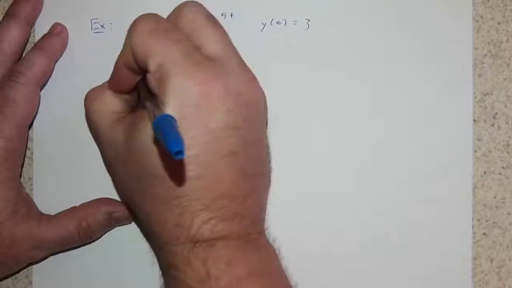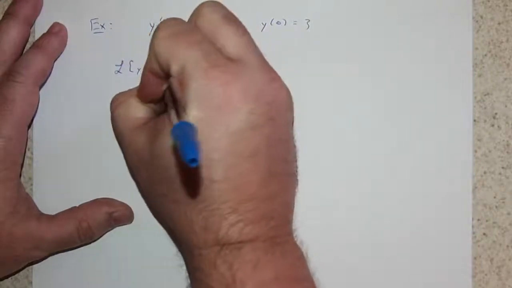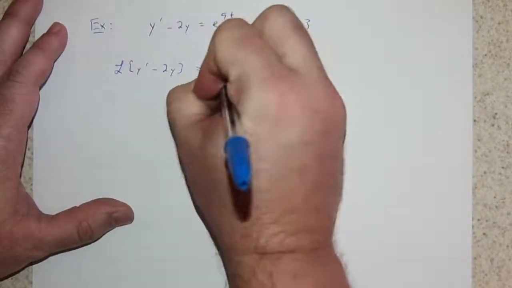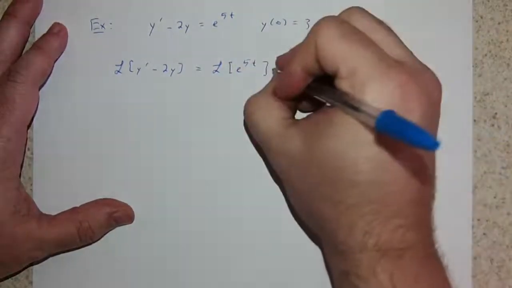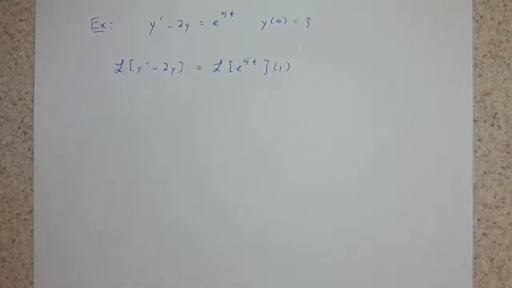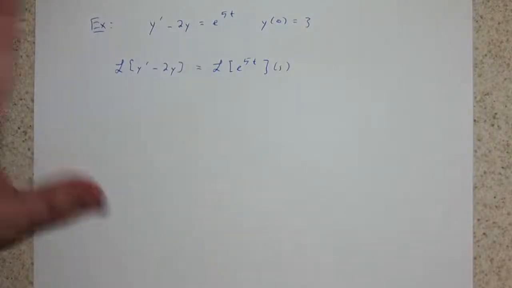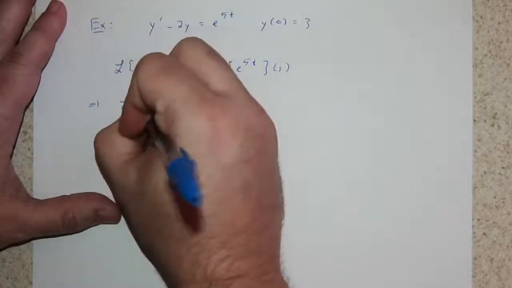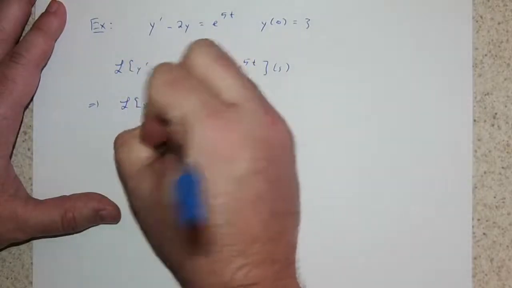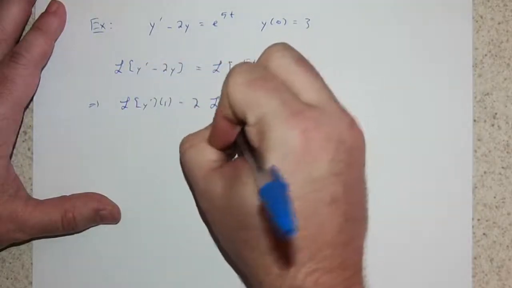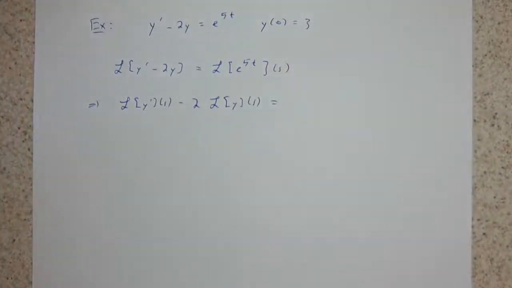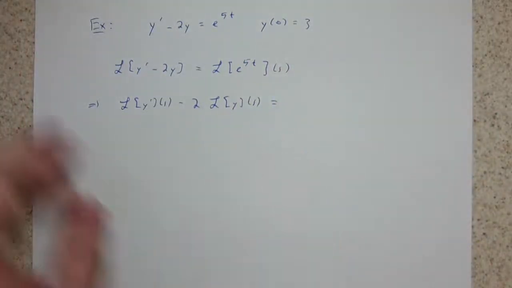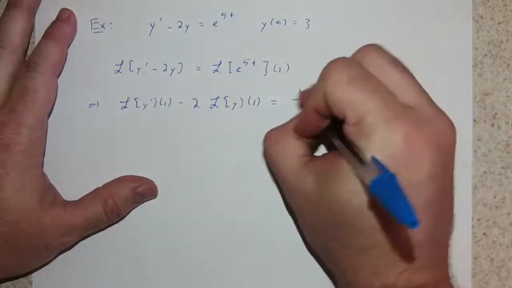So hit it with Laplace transform. All right, so this is what I get. Using linearity of the Laplace transform, this is Laplace transform of y prime of s minus 2 times the Laplace transform of y of s. And this is equal to, what's the Laplace transform of e to the 5t of s? This is actually just 1 over s minus 5.